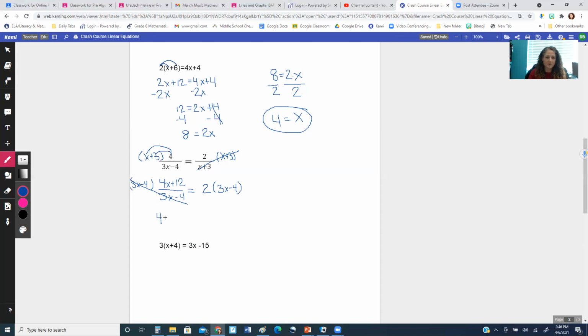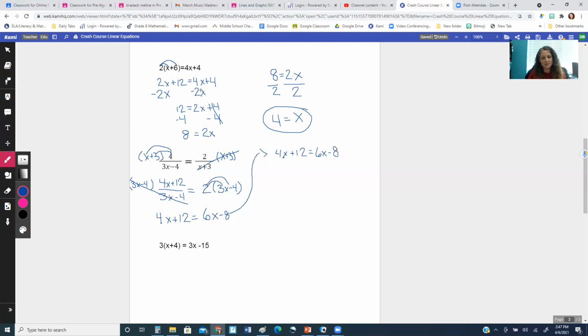So I'm still going to have 4x plus 12 equals, okay, so 2 times 3x is 6x. 2 times negative 4 is negative 8. So now I have this, and I'm once again running out of room, so I'm going to move it up here. So 4x plus 12 equals 6x minus 8.